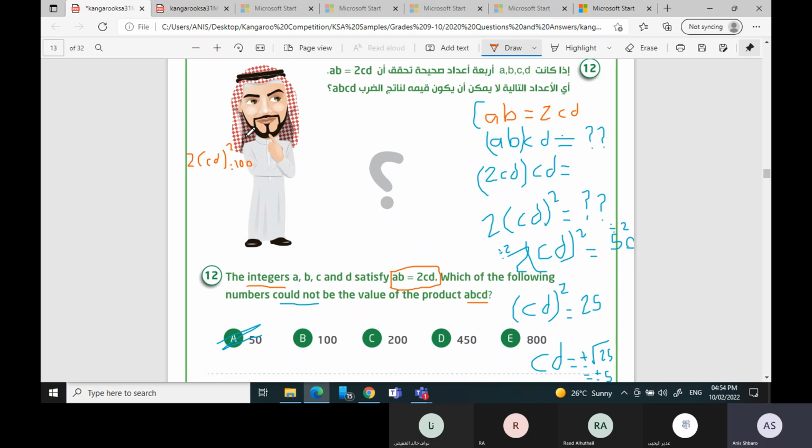Okay, now simply divide by 2 from both sides of the equation. We're going to be left with CD power 2 equals 50.